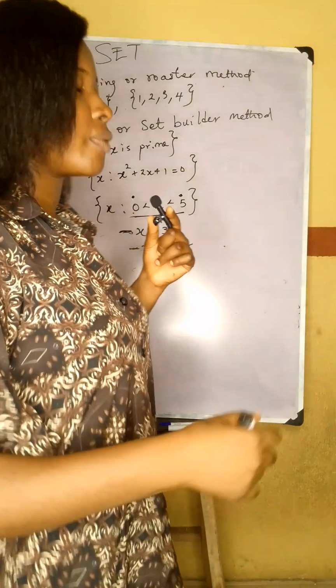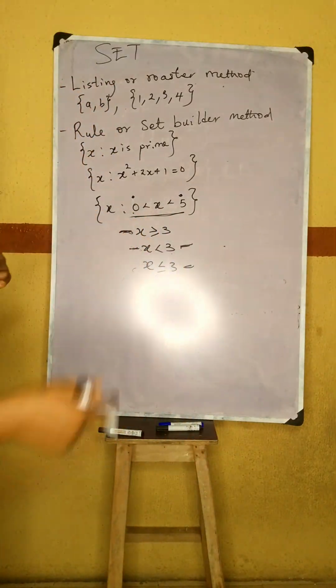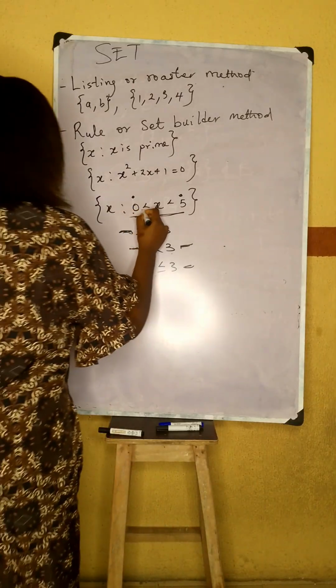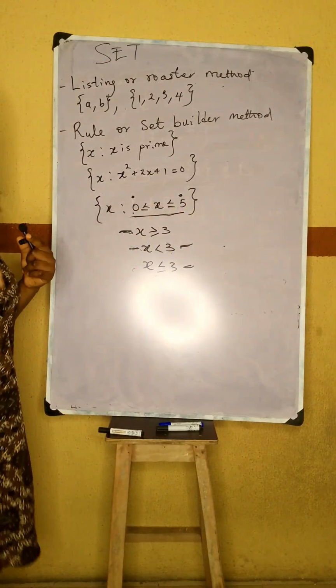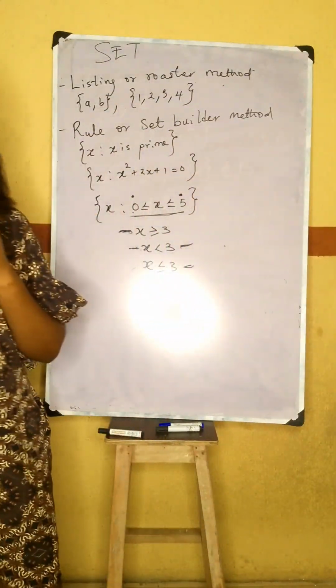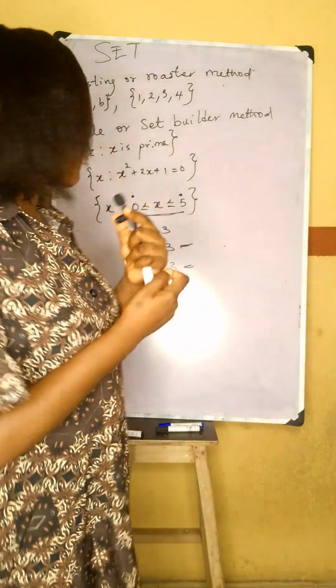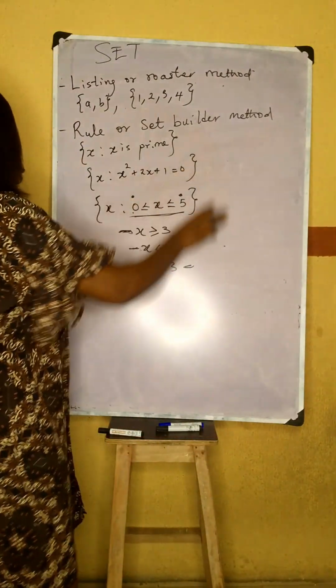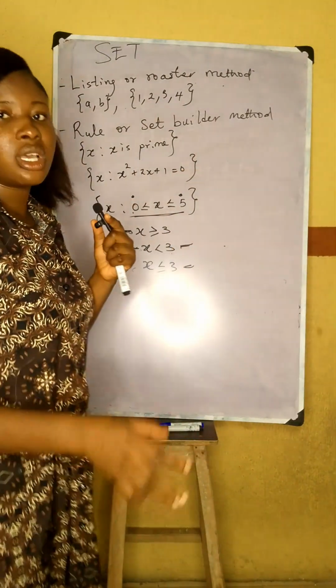That means you'll be having the numbers between 0 and 5, that's 1, 2, 3, 4. If it's closed, you're including 0 and 5, that's 0, 1, 2, 3, 4, 5. So that's what we mean by open and closed interval. Using this kind of representation is what we call set builders.